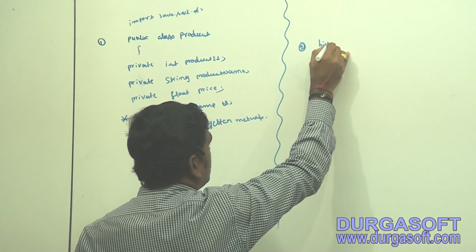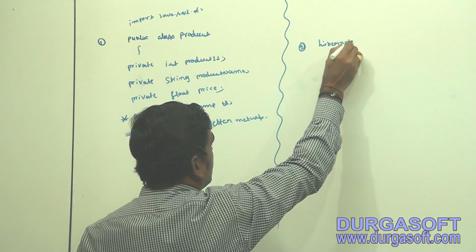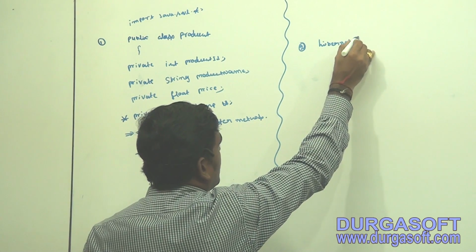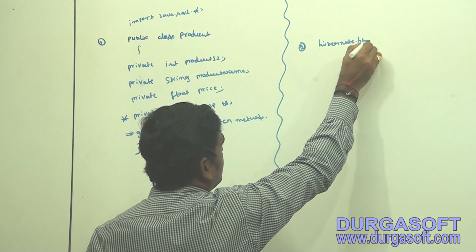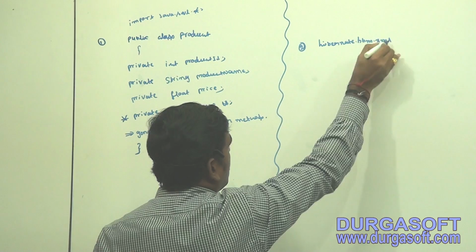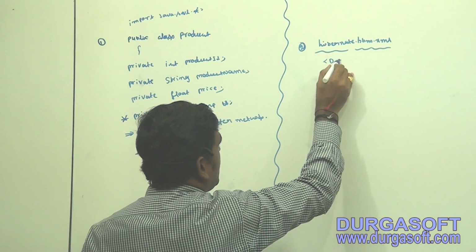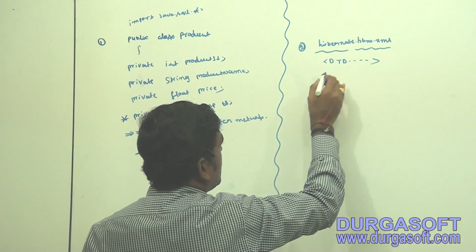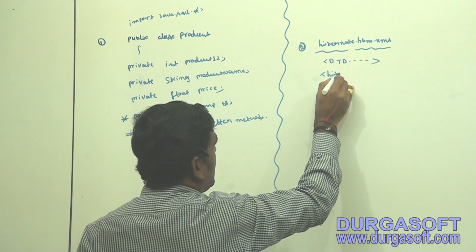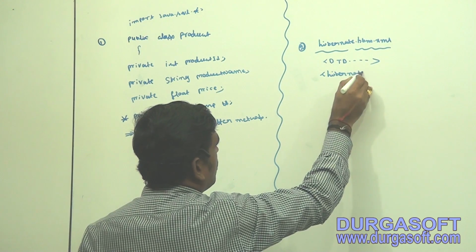Now the second modification, hibernate.hbm.xml. First we have to take the DTD. The next, hibernate-mapping.